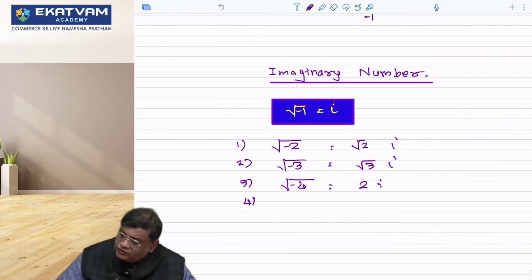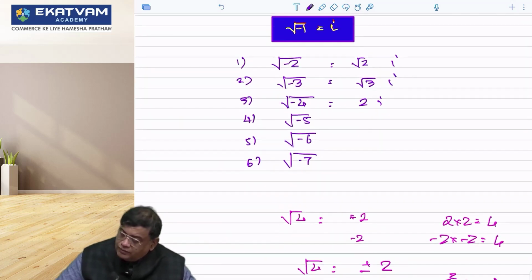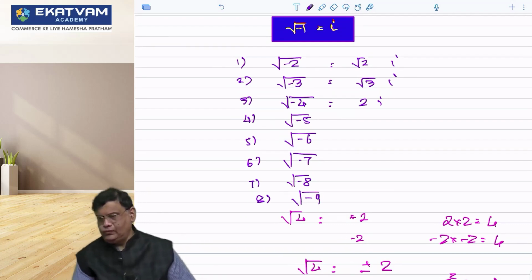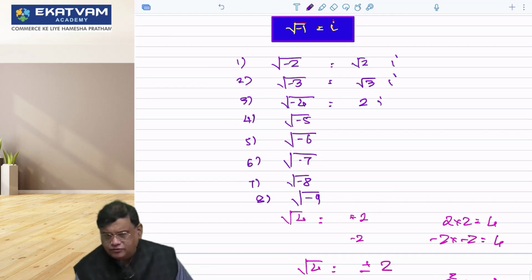Write on your own: root of minus 5, root of minus 6, root of minus 7, root of minus 8, root of minus 9. Go write it.